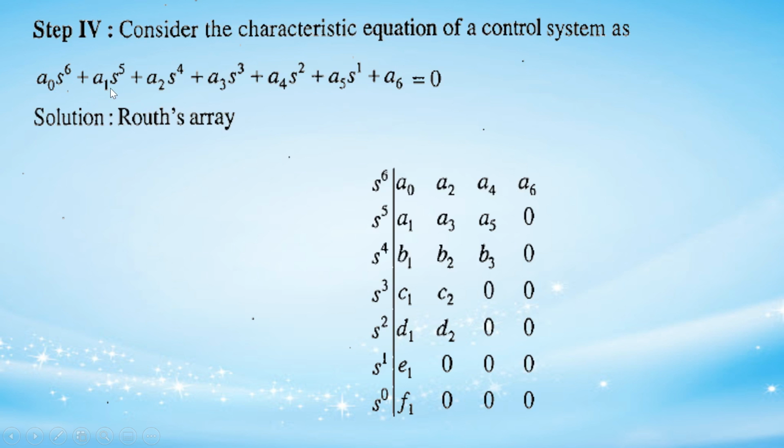Next are the odd powers, starting from s to the power of 5, s to the power of 3, s to the power of 1. There is no coefficient after that, so it is considered as 0. So the coefficients are a1, a3, a5 and 0. To calculate B1, it is a1 into a2 minus a3 into a0, by a1. Similarly, calculate the rest of the array values.